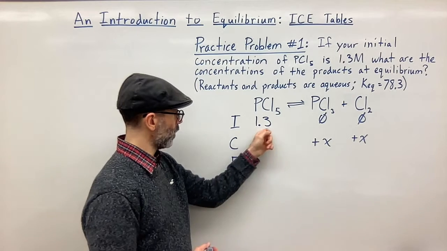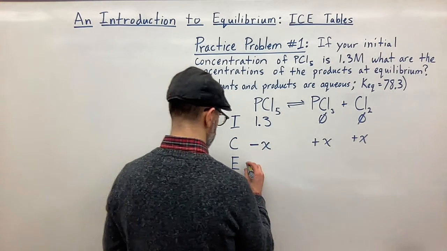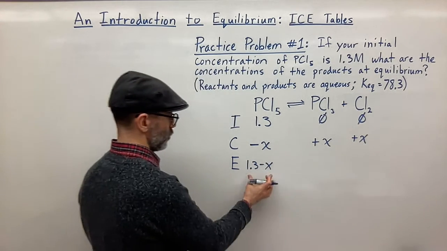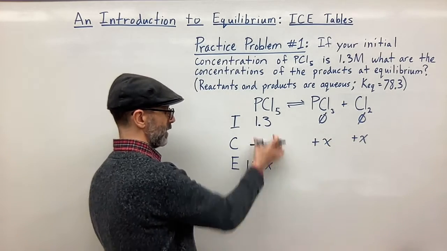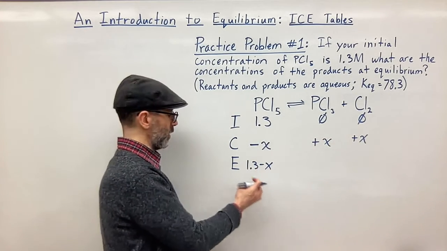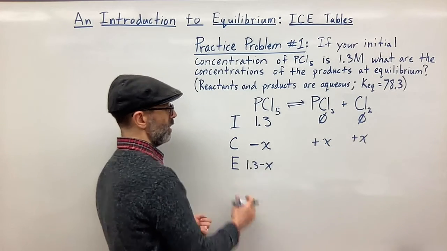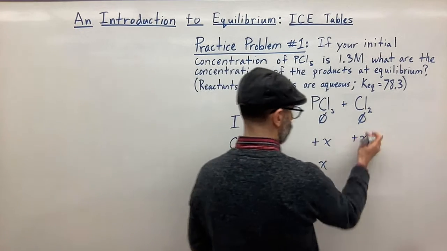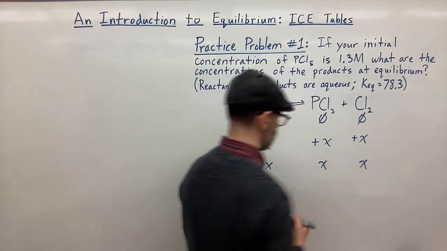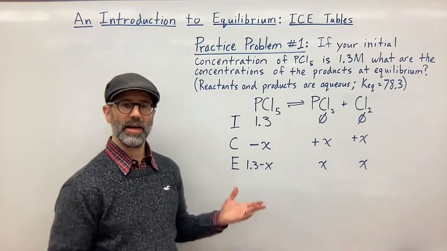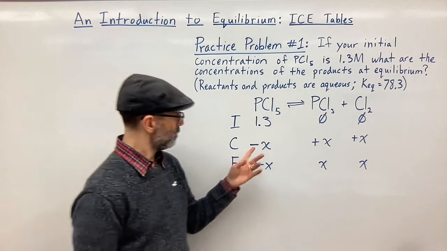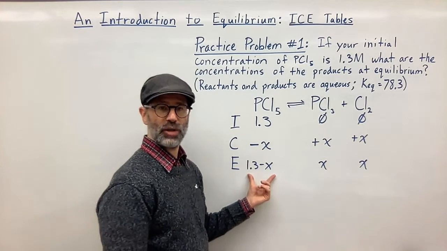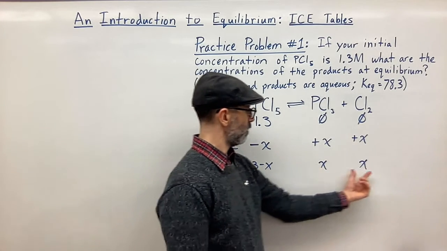So 1.3 minus X. Whatever X is, I'm going to subtract that from the initial, and I'm going to end up with whatever the equilibrium amount is in terms of X. And then here, 0 plus X is just X, and 0 plus X is just X. So there's my ICE table filled out with the change in X. And so my equilibrium concentrations are given in terms of X.